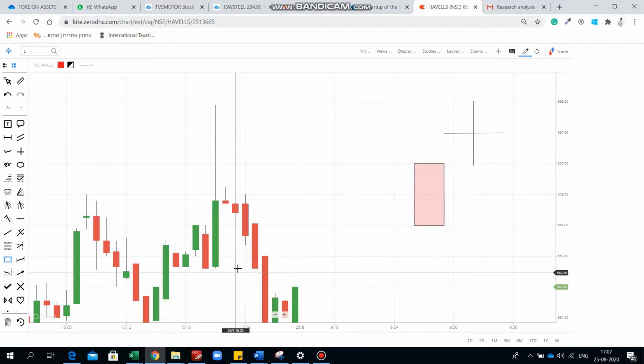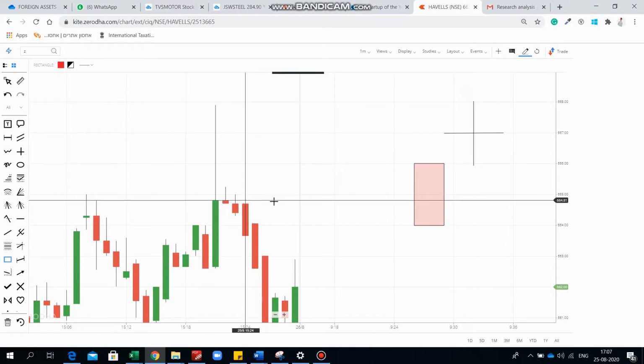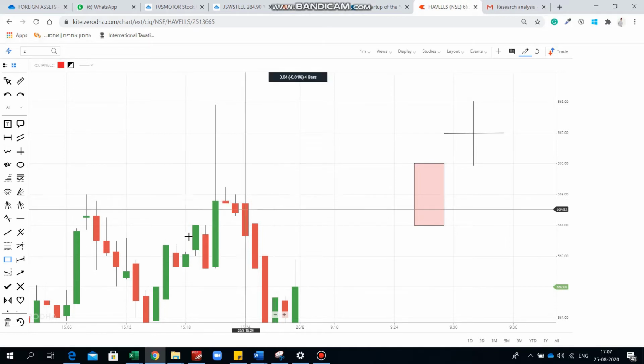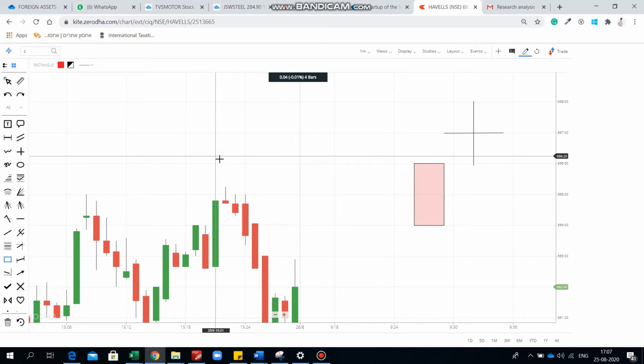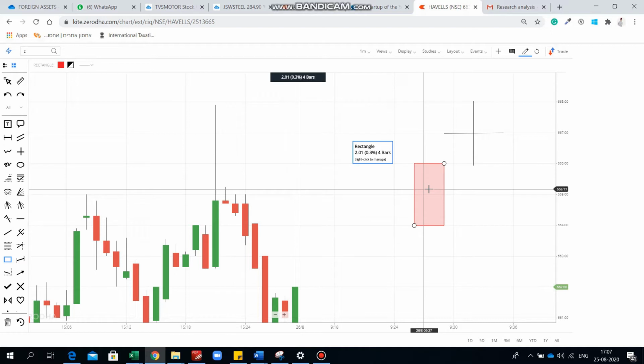So if you see here, the price opened at 662 and closed at 664. So till there only the body will be formed. So basically the body is price closed minus price opened. If you subtract these for a Doji, you will find nothing. I hope you are getting the point.